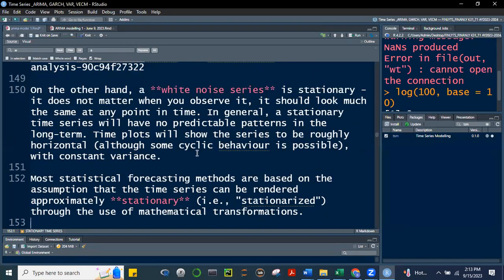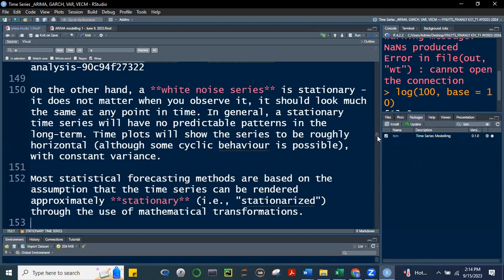When you say cycle, class, cycles are quite difficult to predict or to observe because cycles, unlike seasonality, which occurs in shorter periods, for example monthly or weekly, are difficult to predict because they seem to be a repetition of a pattern over long periods of time. So it can be a 5-year cycle, and then the pattern of that 5 years seems to be repeating. That's what we mean by cyclicality.